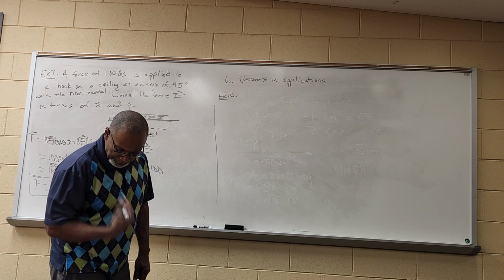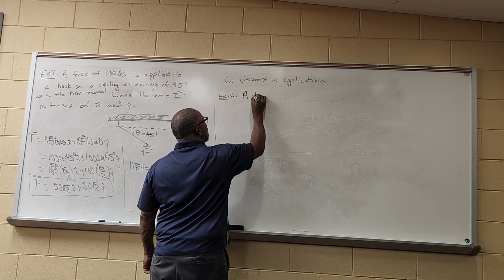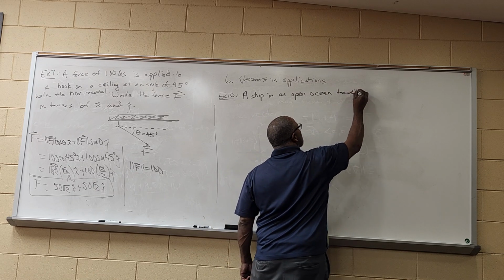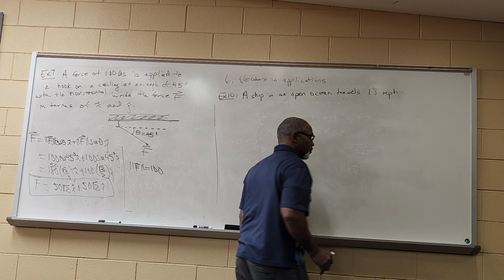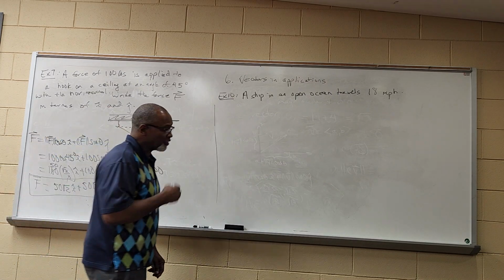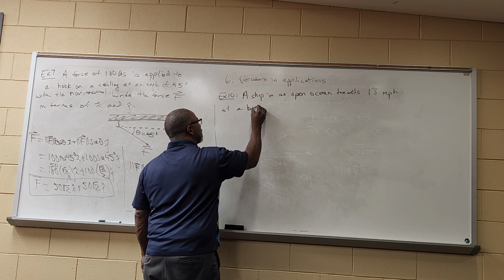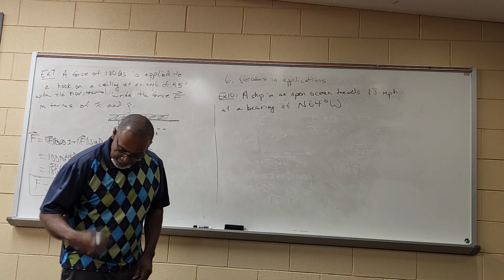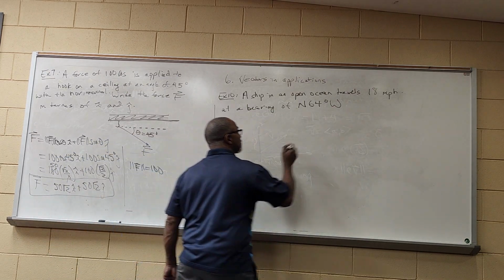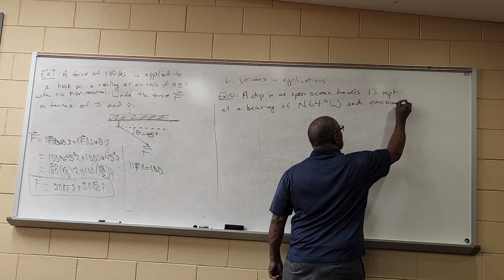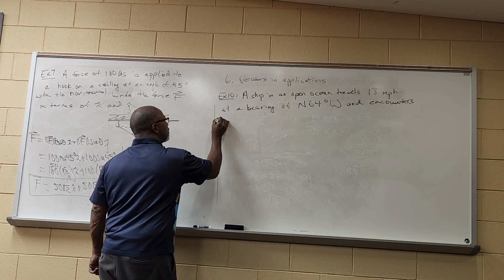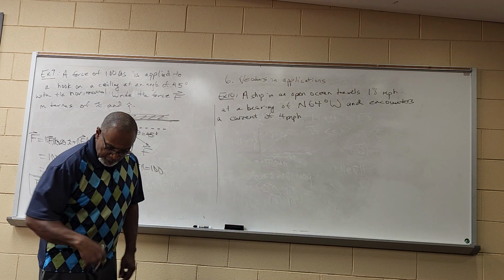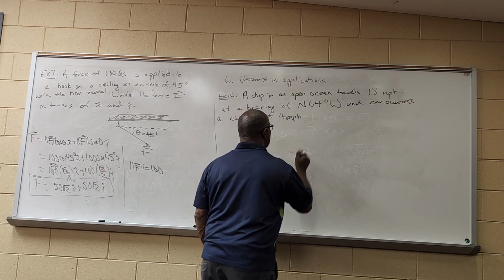A ship in an open ocean travels 18 miles per hour at a bearing of north 64 degrees west, and encounters a current of 4 miles per hour acting in the direction of north 45 degrees east.